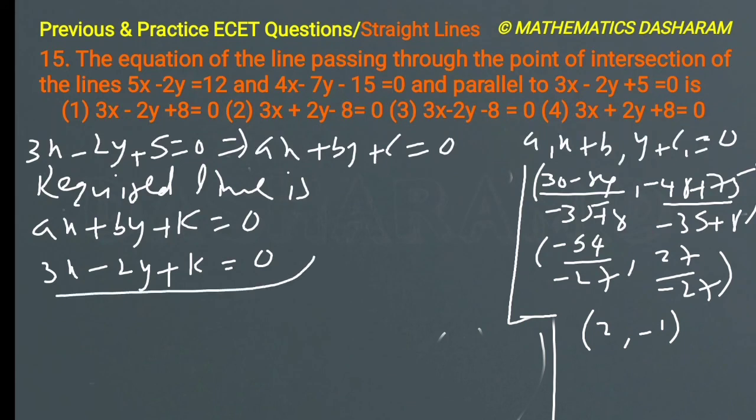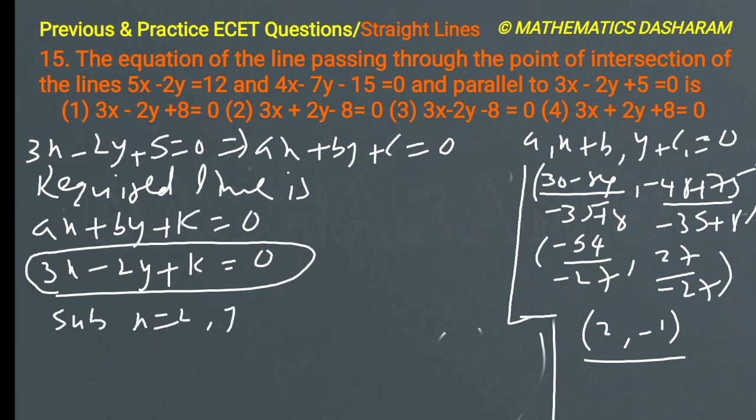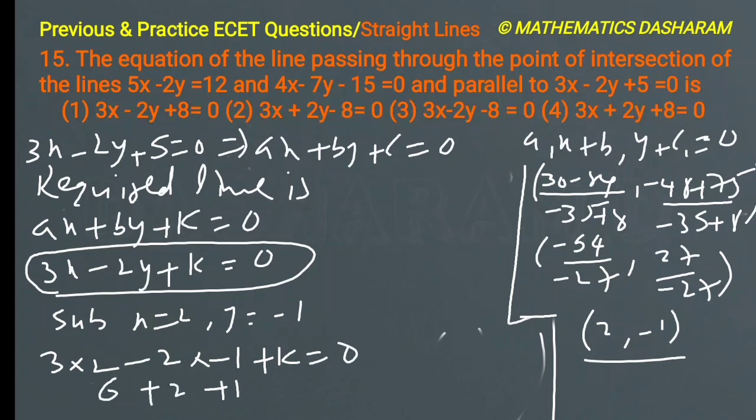But this line is passing through the point 2 comma minus 1. So substitute x equals 2, y equals minus 1. So 3 into 2 minus 2 into minus 1 plus k equals 0. 6 plus 2 plus k equals 0. So then k equals minus 8.